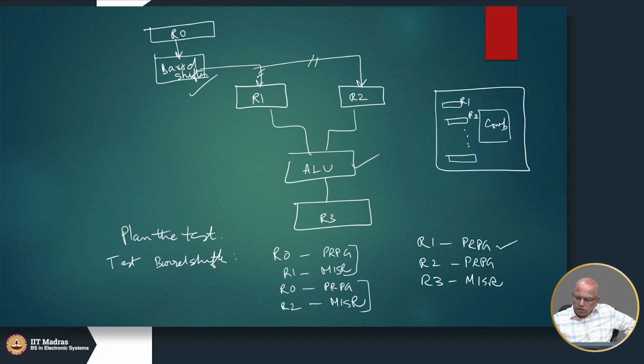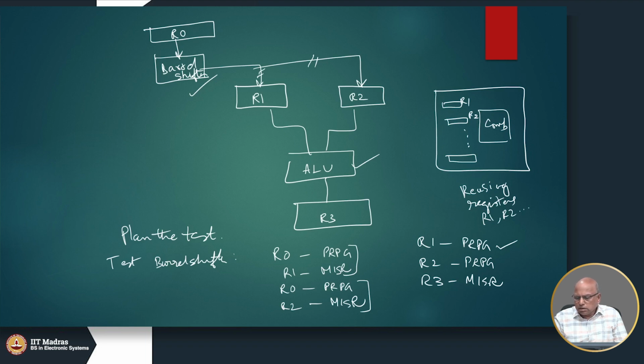So we are reusing registers R1, R2, etc. So that is an advantage. The advantage of reusing is no additional circuitry. The only thing is in order to convert a register into a BILBO, you may have to add a few extra gates, right?